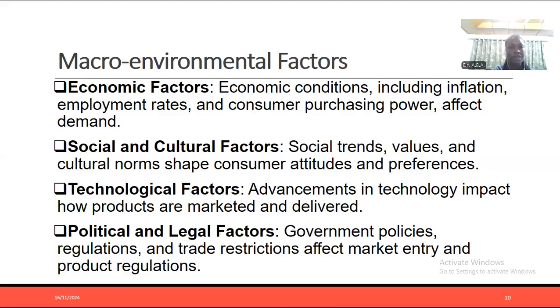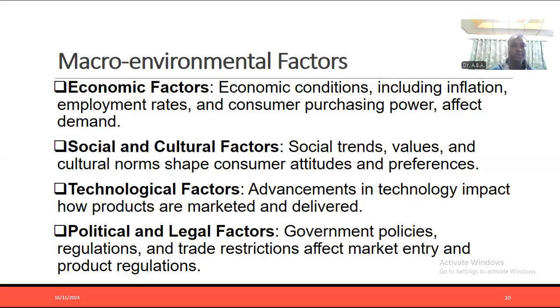We can give it an acronym, PEST. If you want to perform an environmental analysis using the PEST, what you do is consider factors within the political environment that will affect your marketing strategy, the factors within the economic environment, the social cultural factors, and then the technological factors which will affect your marketing strategy.